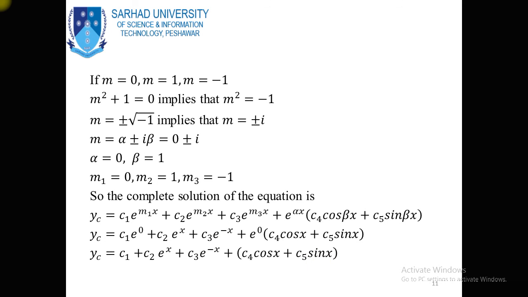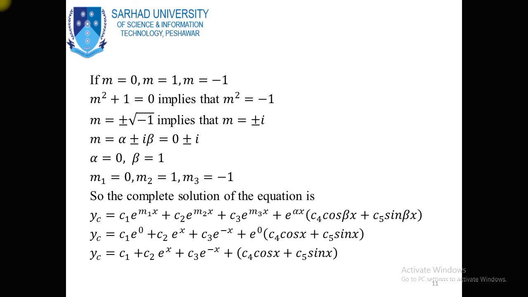Now dear students, in this slide all the cases of the roots of the auxiliary equation are discussed. So first of all, write the auxiliary equation for the higher order linear homogeneous differential equation, and then find the roots of the auxiliary equation.